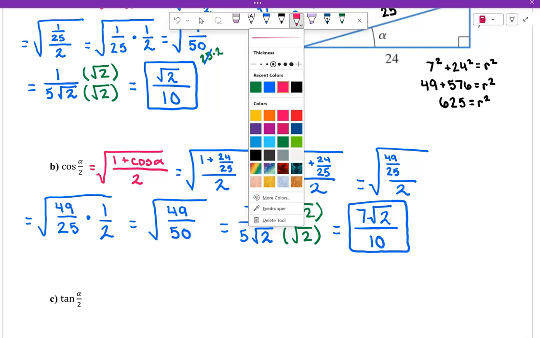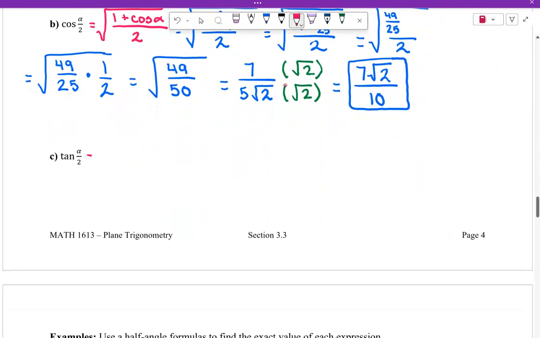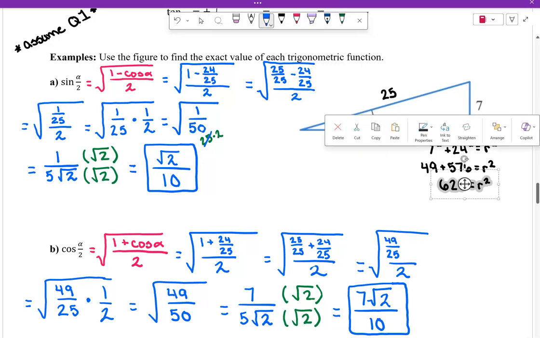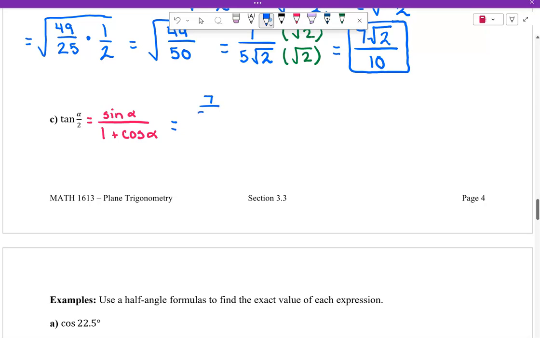The half angle for tan. We know that this one is sine of alpha over 1 plus cosine of alpha. So that's going to be equal to, I don't think we've done sine yet, so sine would be opposite over hypotenuse, so 7 over 25 over 1 plus 24 over 25.